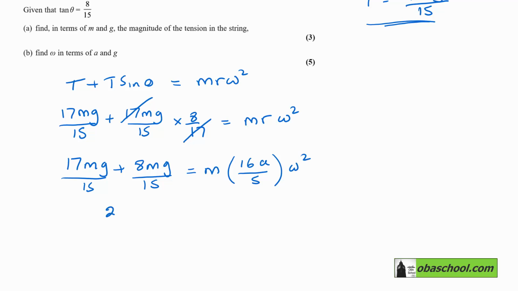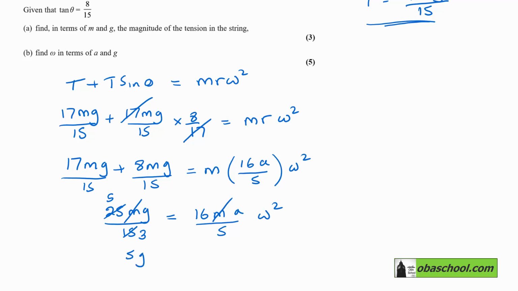So the left hand side there is 25mg over 15, and the right hand side is 16ma over 5 omega squared. We can cancel an m out, and over here divide top and bottom by 5, and we get 5 over 3.